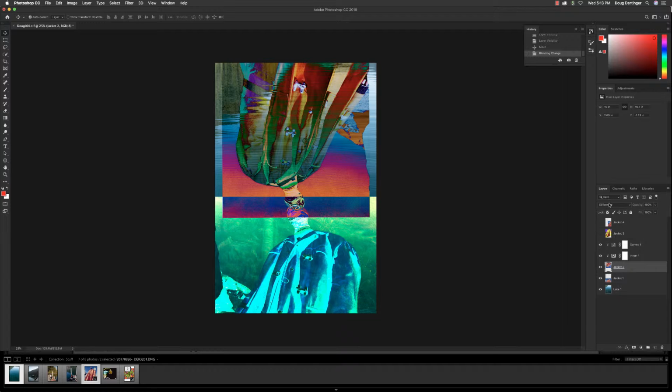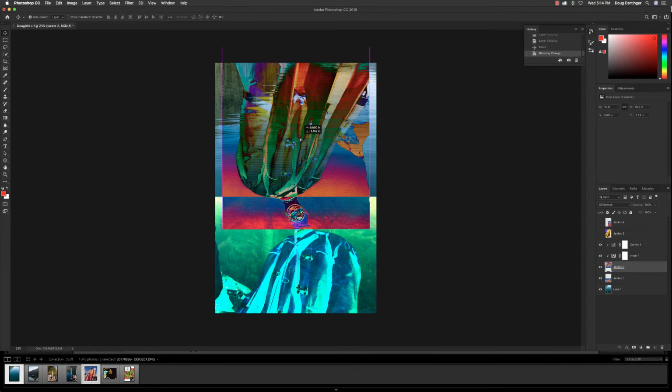Jacket 2 in difference is interacting with a normal layer here with the lake, but then it is interacting with the way that Jacket 1 interacts with Lake 1 right here. That allows it to have a very different effect from this space to this space because of where it sits and also where Jacket 1 sits.